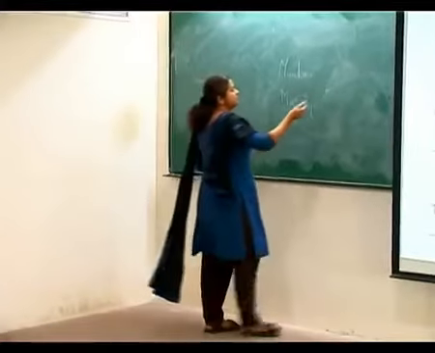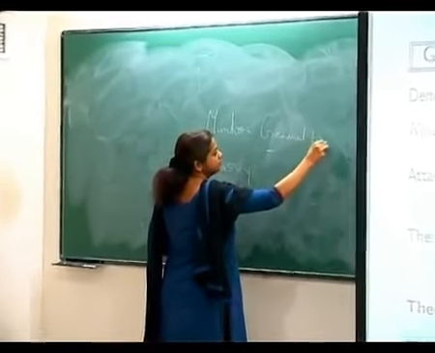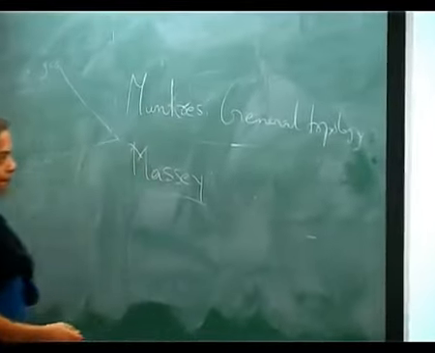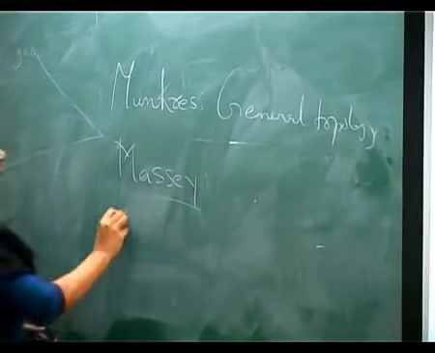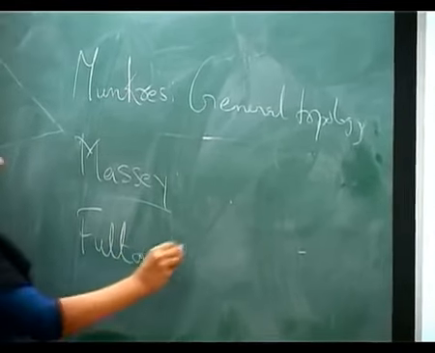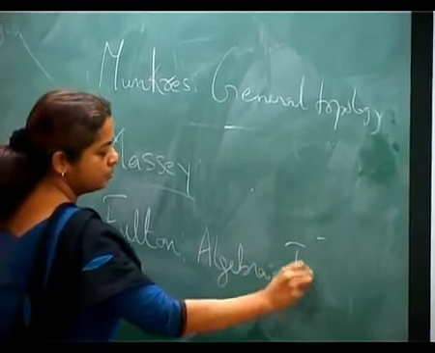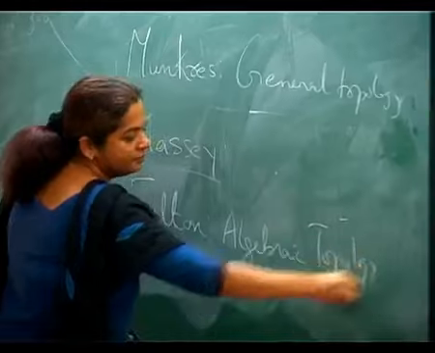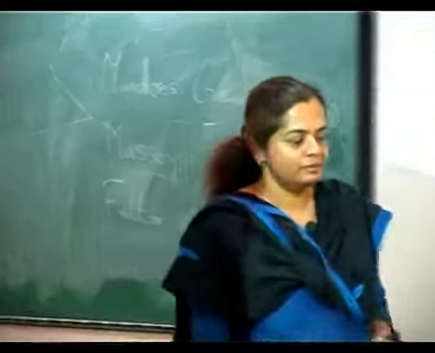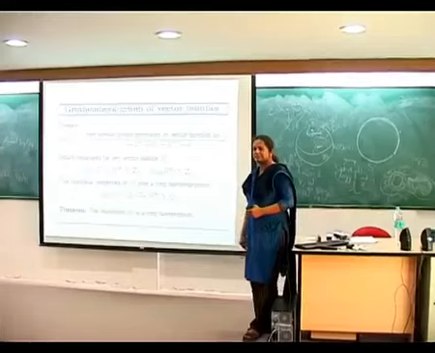And I think this is called general topology maybe. And I think there are other books by Fulton also. I think maybe it's called algebraic topology. Yeah, I think there are many good books now available in the market, but I don't know the details of the title and so on. I hope you can find it.